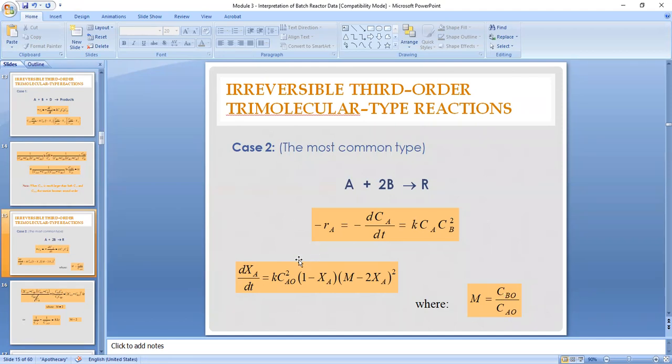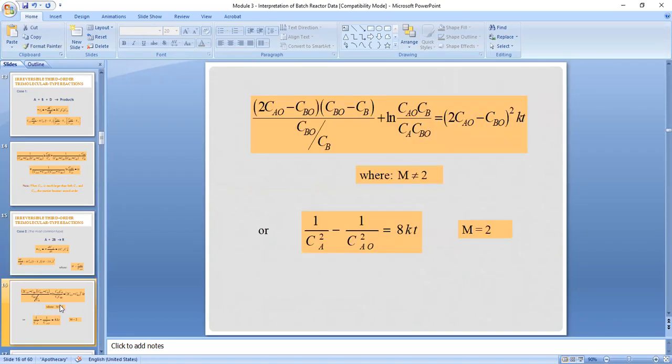This would still be processed using the method of partial fractions after separation of variables in the DE. Your working equation would be this, if the initial concentrations of B and A are not in the ratio of 2. So this is your formula if C sub B0 divided by C sub A0 is not equal to 2.